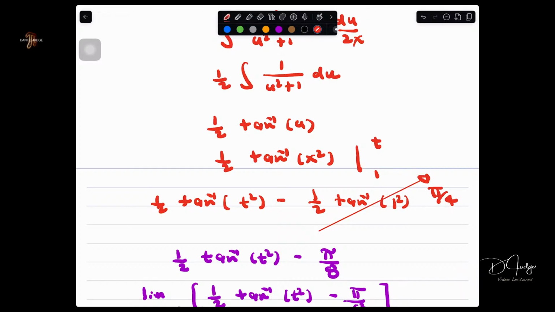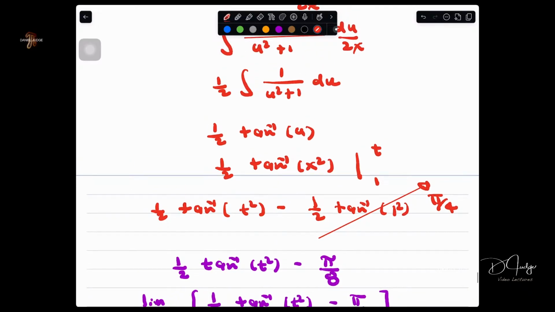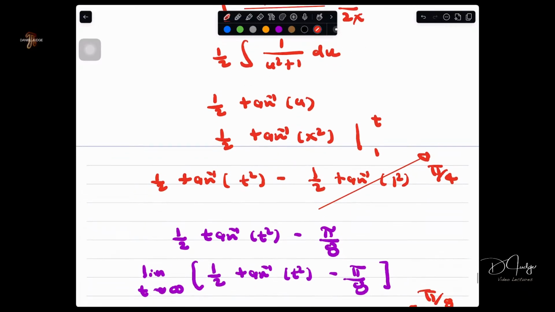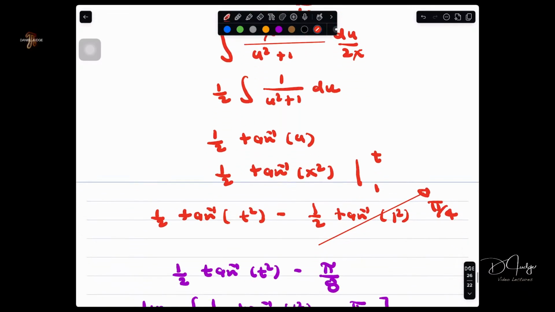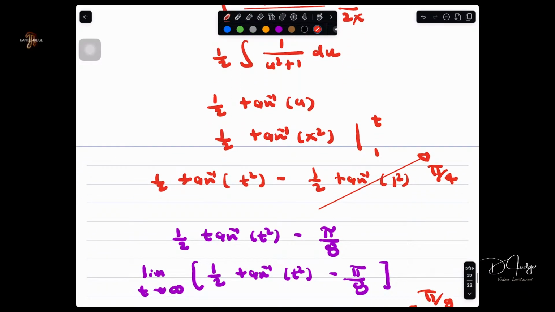Just trying to double check this, ladies and gentlemen, so that this looks okay. We get 1/2 inverse tangent of x squared.